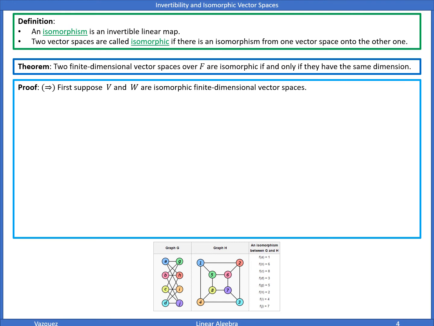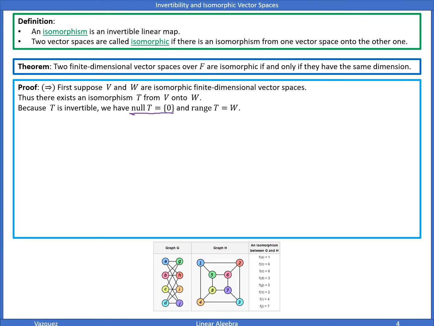Okay, so again, biconditional proof. Suppose V and W are isomorphic finite dimensional vector spaces. We're going to show that they have the same dimension. So there exists an isomorphism T from V onto W. Because T is invertible, we have that null T is equal to 0.